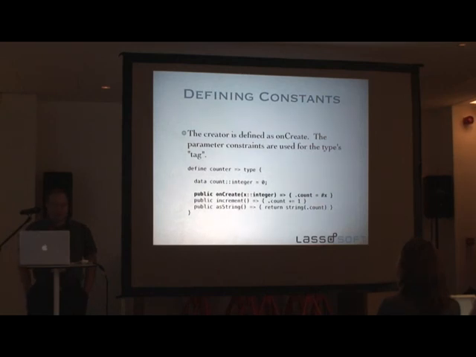So just as $x is a shortcut for local x, and $x is a shortcut for variable x, dot x would be a shortcut for self x. So it's just another shortcut, and in type definitions you use self all the time, so this really shortens up the code a lot.